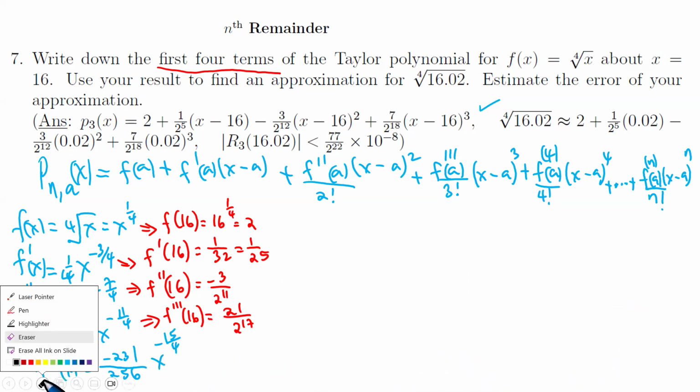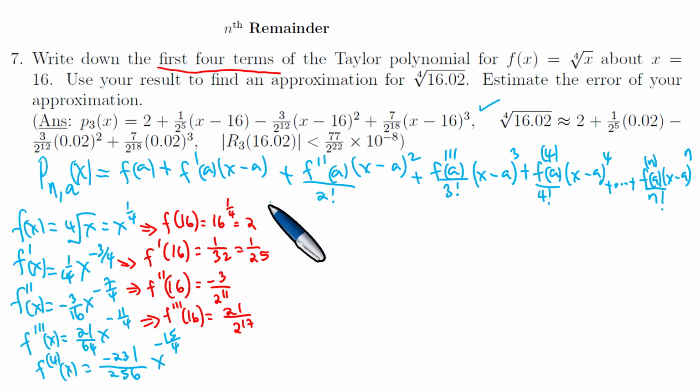Now, then it's P. The first 4 terms would be, okay, 1, 2, 3, 4. So you need 1, 2, 3, 4. Because you need the first 4 terms, then you're going to stop at the 3. So which means that n is going to be 3.